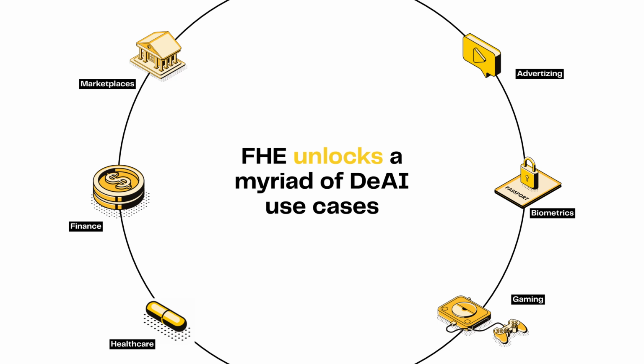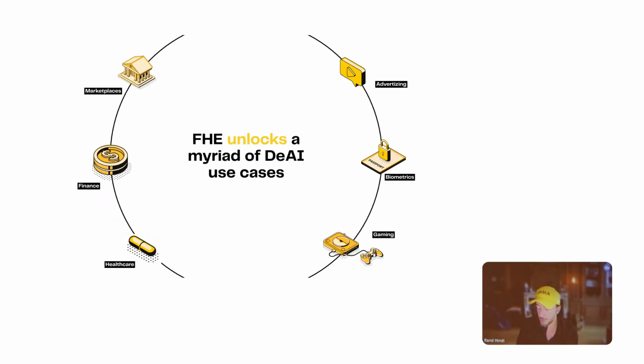Finance in general and marketplaces more broadly. Marketplaces are quite interesting because when you think about it, if you sell your data right now, you can only really sell it once, because once someone bought it, they can reuse it as much as they want and you're never going to know about it. With FHE, however, you wouldn't actually sell your data. You would sell the result of the computation people want to do on your data.